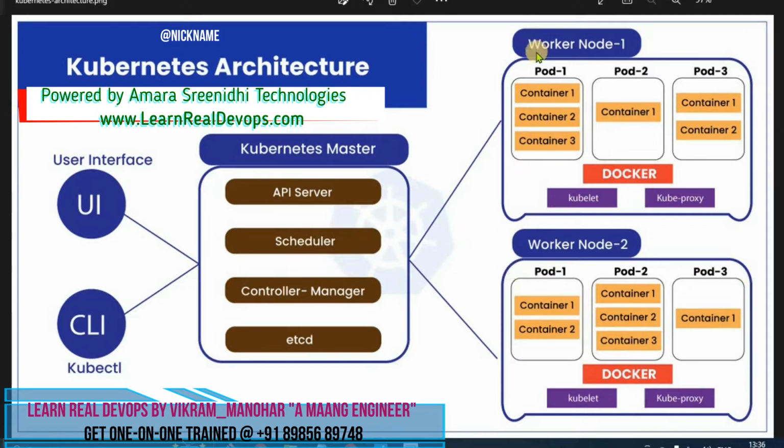Clear? If you see worker node 1, the actual components are Docker, kubelet and kubeproxy. Before dealing with these components, let us have clarity on Docker, container and pod. If you have clarity on these three, then you'll never forget this architecture. It will be easy for you to understand.